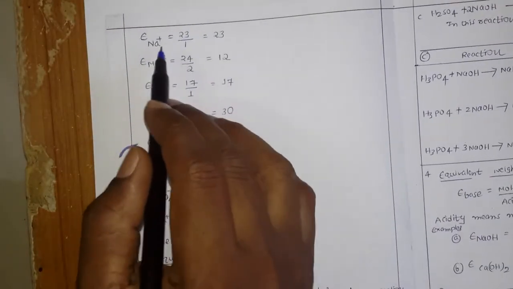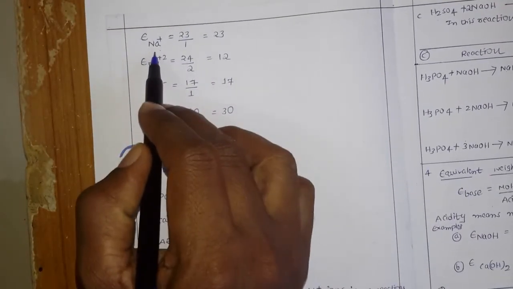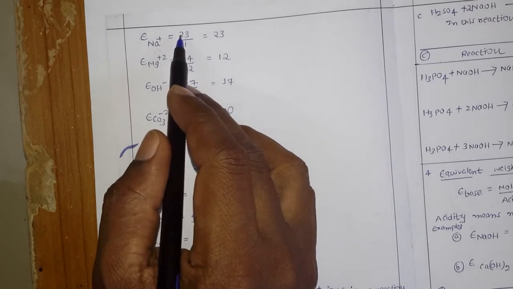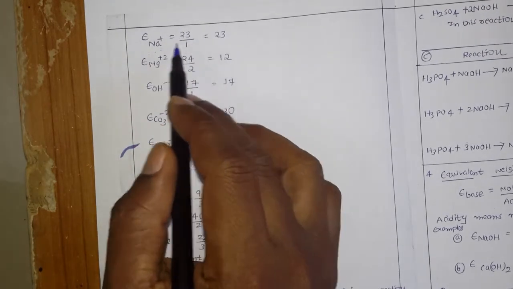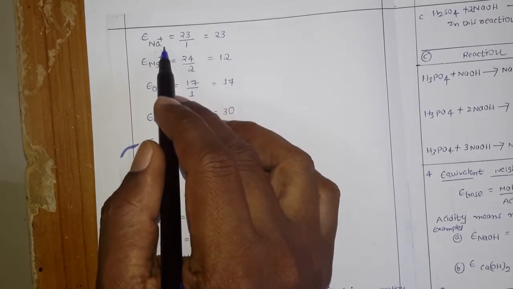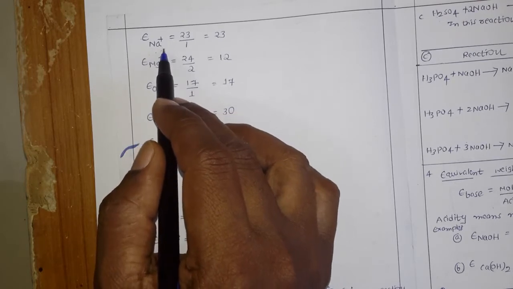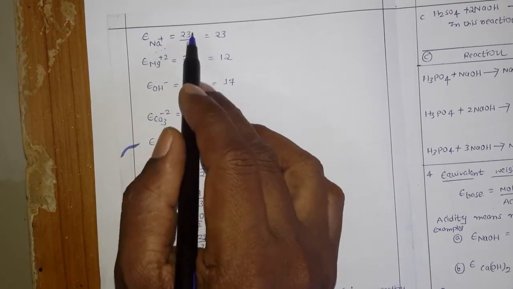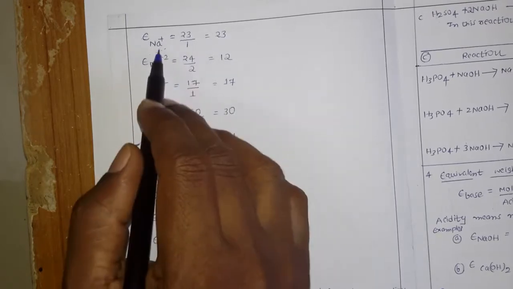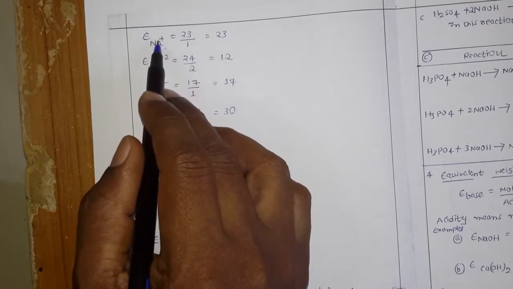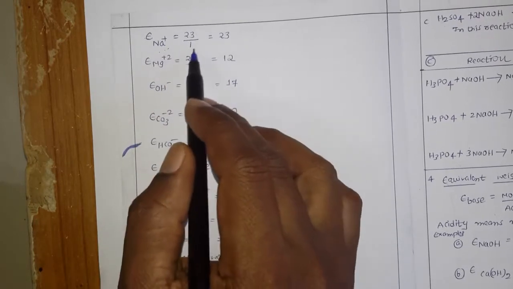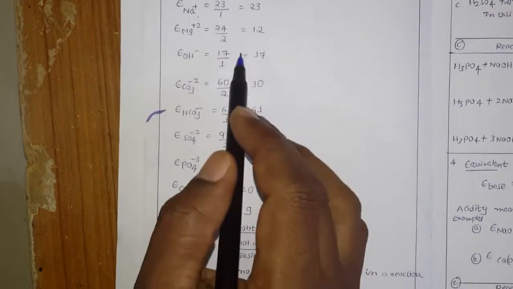The weight of sodium is 23, atomic number 11, and the atomic mass is nothing but the ionic mass here. So the ion mass is 23 divided by the charge. Only one positive charge is there, so it is 1, giving 23.